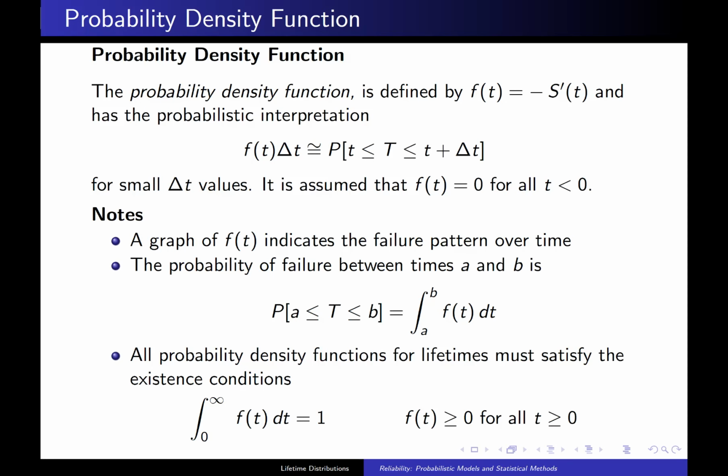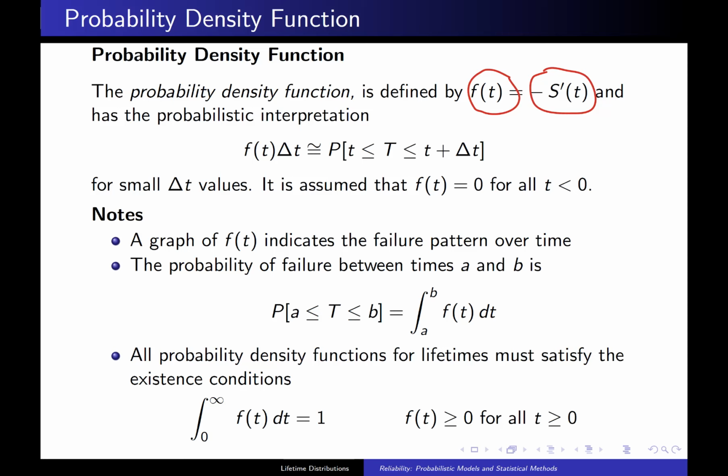The second of the lifetime distribution representations is the probability density function. This is the probability density function f of t, and it is given by the opposite of the derivative of the survivor function. Now, why is a derivative involved?